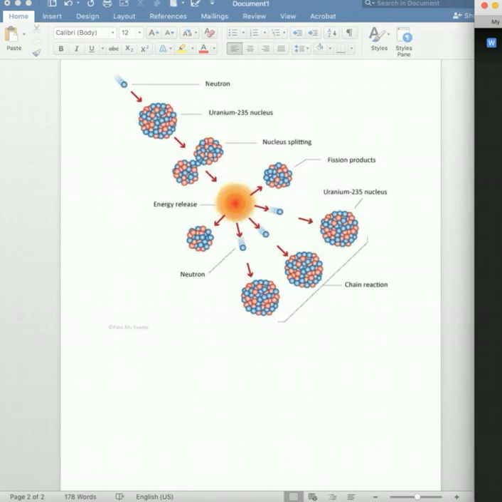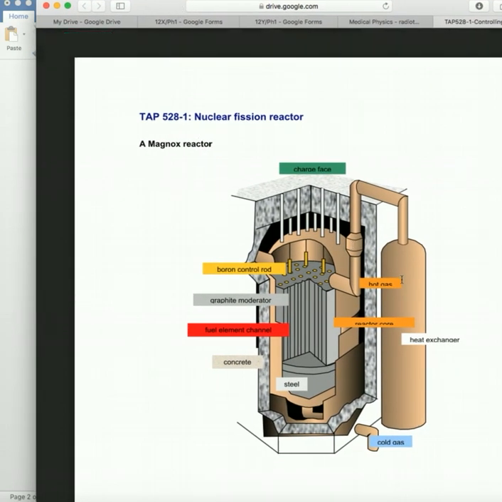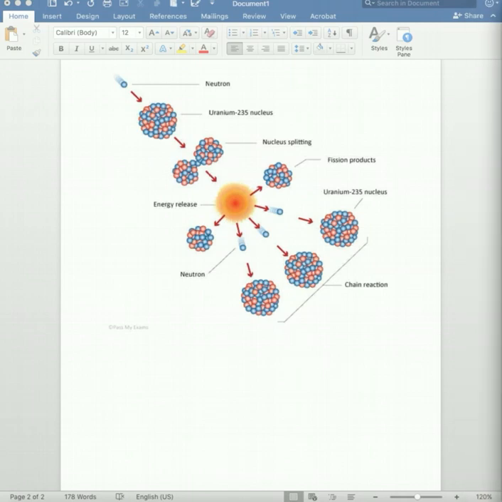The energy then is absorbed by the coolant, which boils water, makes steam, drives turbines. So that is basically nuclear fission.